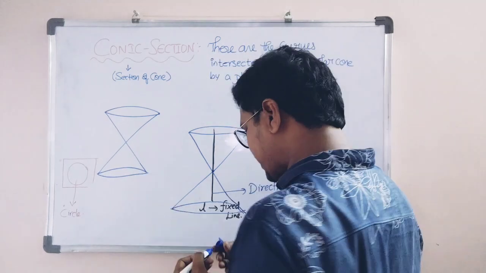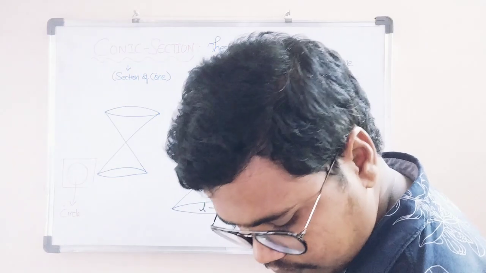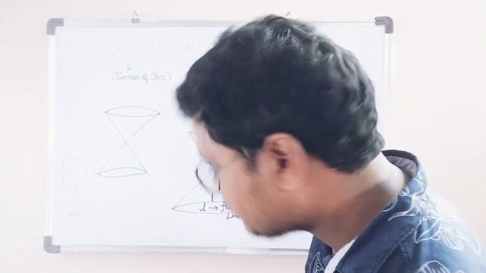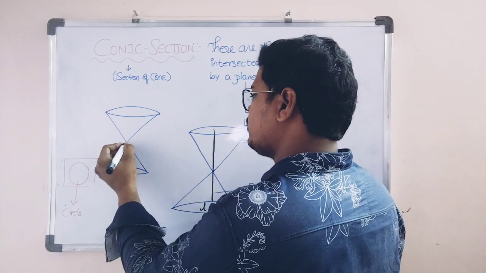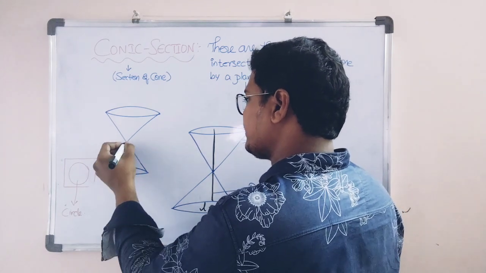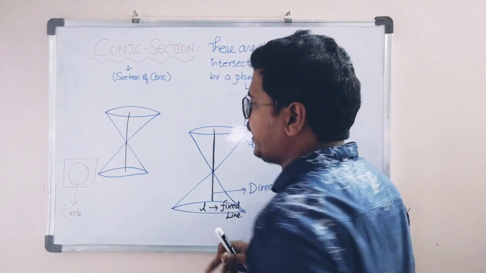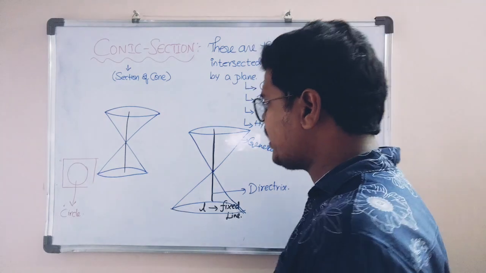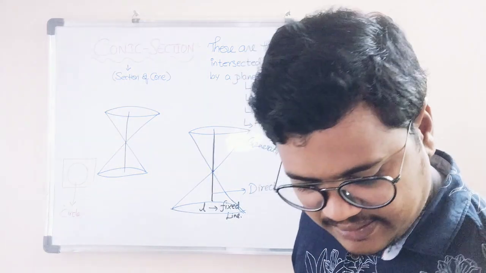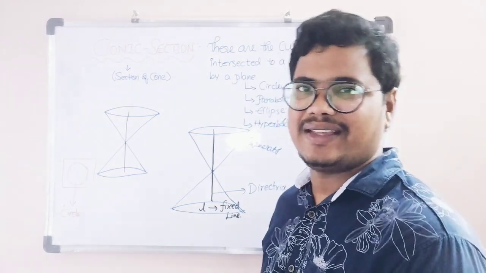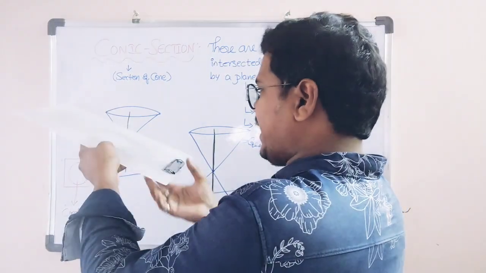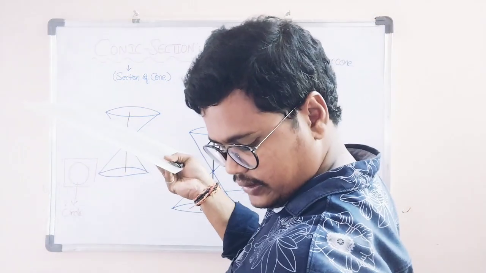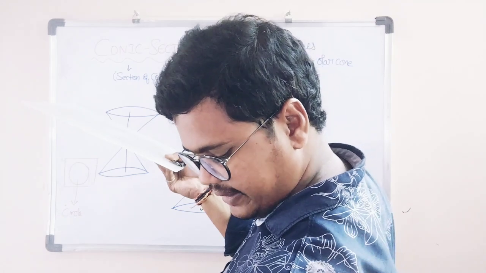In this, we are drawing one perpendicular in the same manner. Now what will happen? Now the same cone is cut by a plane at an angle.